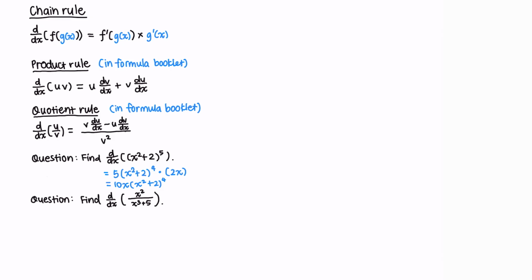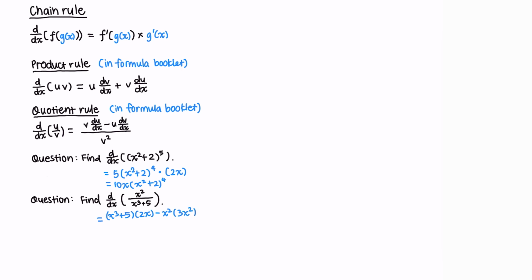Now later I'll teach you a trick that you can do with chain rule to make things really fast. But first, let's do this question. Find d over dx of x squared over (x cubed plus 5). So we see over here that we're just going to apply quotient rule because we have 2 functions of x, one in the numerator, one in the denominator. So this equals v, the denominator, times du over dx, which is just differentiating the numerator, minus u, the numerator, so we have x squared, times dv over dx, so we're differentiating the bottom.